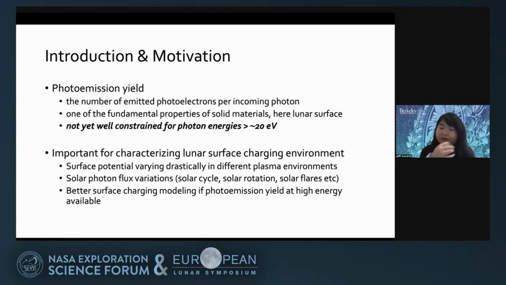Especially during solar flares or similar events, the high energy photons are brighter, and then this high energy photoelectron characterization becomes more important. So we will have a better surface charging model if we have the high energy photoemission yield determined. That's the main motivation for this study.